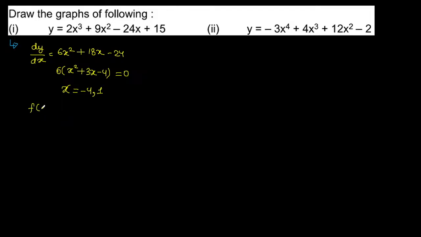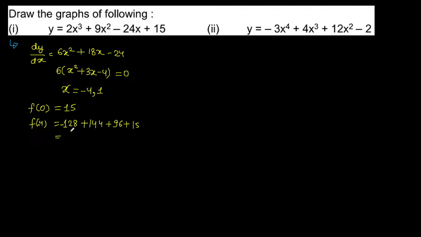So f(0) is 15, f(4) is 128, 144, f(minus 4) is minus 128 plus 96 plus 15.